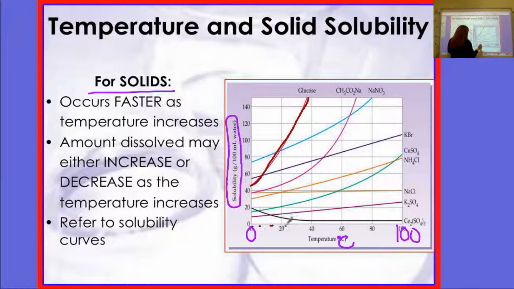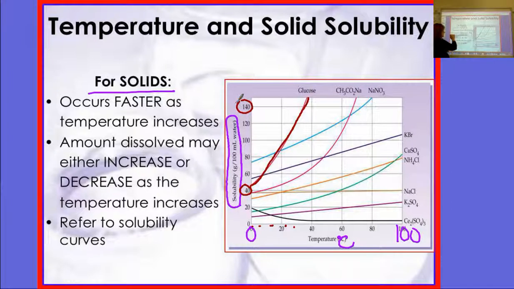As I increase the temperature, the amount of sugar will change from 40 grams to over 140 grams. You can dissolve more sugar if you increase the temperature. If you've ever made homemade sweet tea, you increase the temperature of the water so you can dissolve more sugar when you put the tea bags in. This is why. You can dissolve more sugar at a higher temperature than if it was ice water.